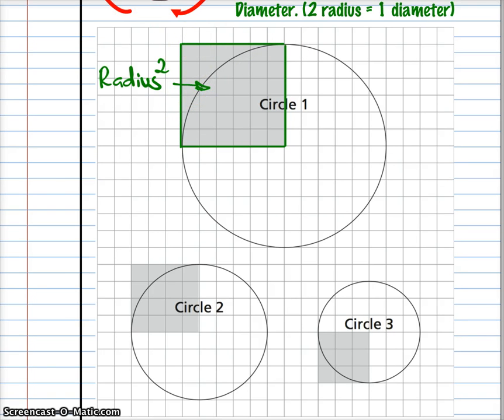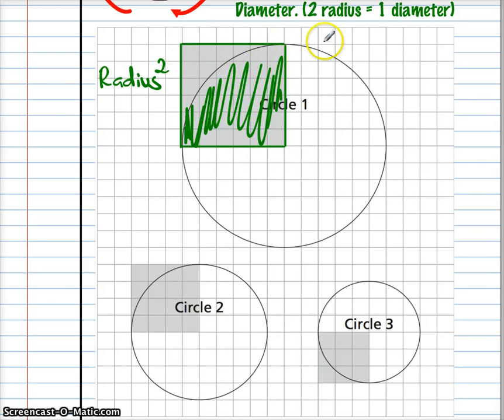Okay. So let me delete this arrow so I can color it in. What I'm looking for is how much of this do I need to cover this circle? And I'm going to create a full square all the way around it. I'll show you what I'm talking about in just a second.